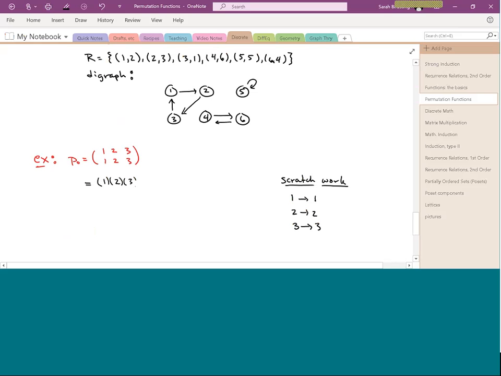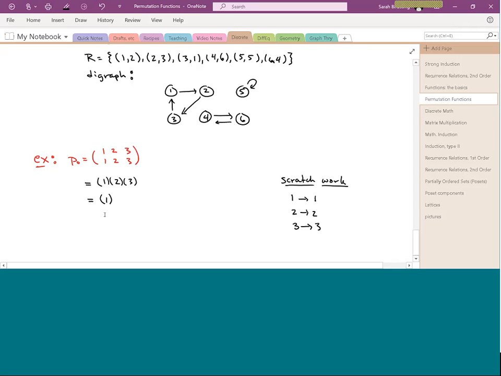Now, remember, we said 1 cycles were optional. It's true, except if you optionally don't write any of your 1 cycles, all of a sudden you have this equals a blank. That's not allowed. So your identity function is typically written as parentheses with just the first 1 cycle, because you have to still write something down.